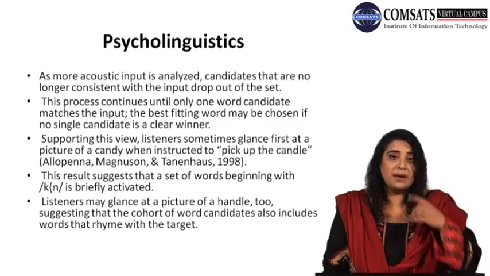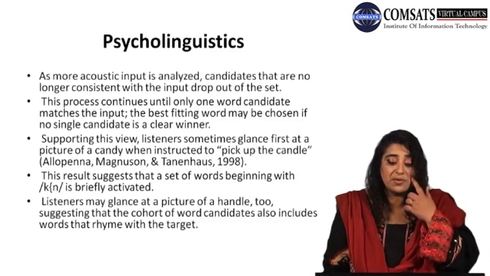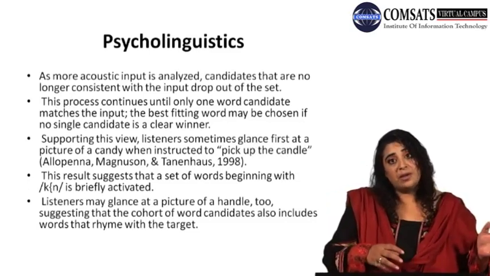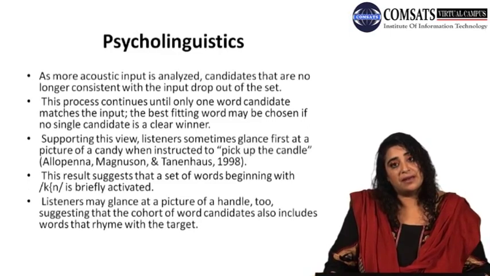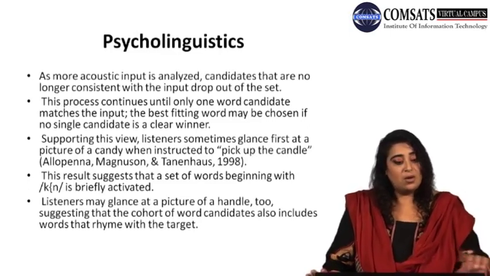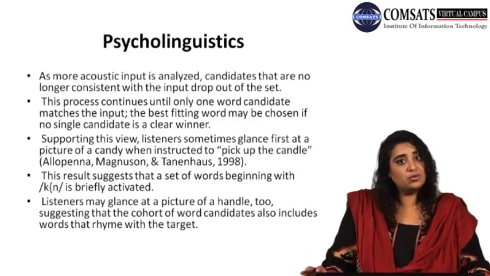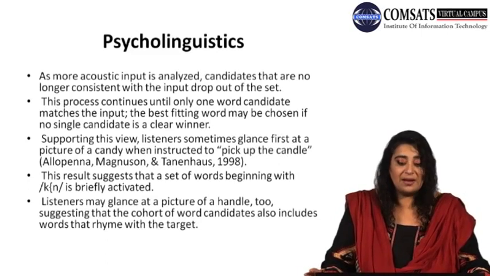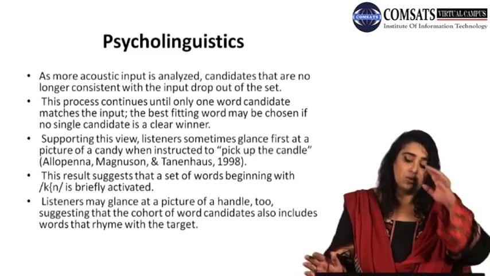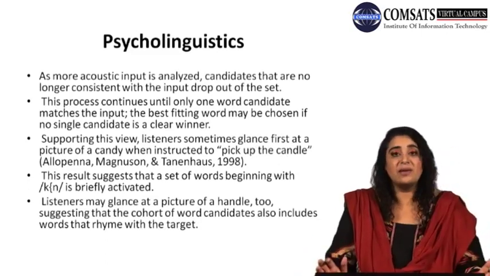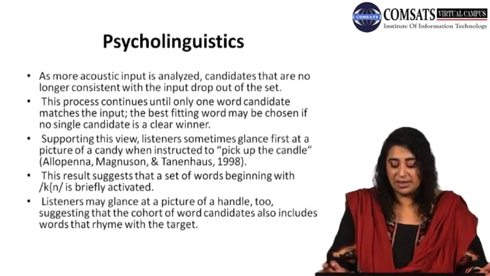When trying to comprehend either a picture of candy or a picture of a handle, and because he's been told so quickly to pick up the candle, he may think, oh, he's telling me to pick up the handle or pick up the candy. So we would have both perceptions in our mind, just because candle sort of rhymes with handle. That would create a confusion.